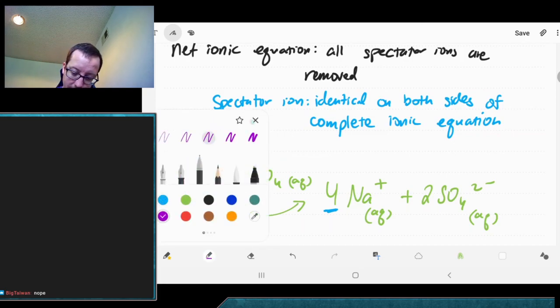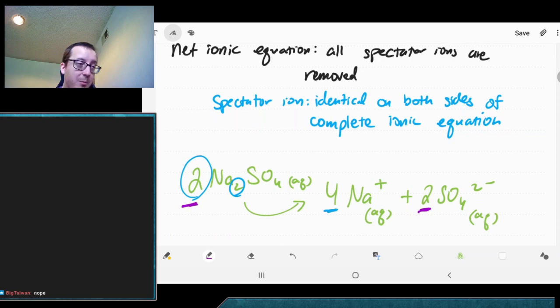And this 2 comes from that 2, right? So we have 2 sodium sulfates. Each sodium sulfate has 2 sodiums. So therefore we have 4 sodiums overall. We have 2 sulfates because each sodium sulfate had 1 sulfate. So just make sure that when you're breaking stuff up into ions, that you pay attention to the coefficient as well. So coefficients and subscripts matter here. So just don't forget about those. All right, so that's my last little hint for you guys.